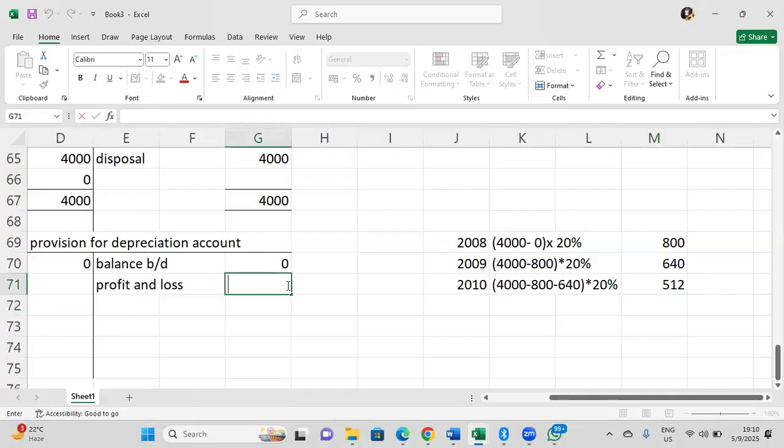If you are preparing the provision for depreciation account, the profit and loss amount is the depreciation for that year. So in the first year, 2008, our profit and loss amount is going to be 800.